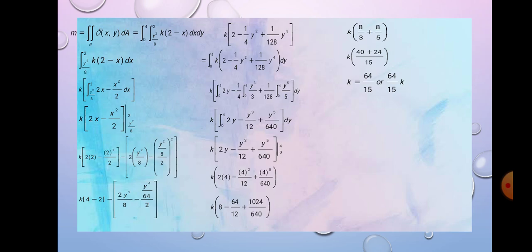So 40 plus 24 is 64 over 15, and there is no lowest term for 64 over 15, so you just copy 64 over 15 k. So the answer is M equal to the double integral over R of density δ(x,y) dA, which is 64 over 15 k. So that's all. Thank you.